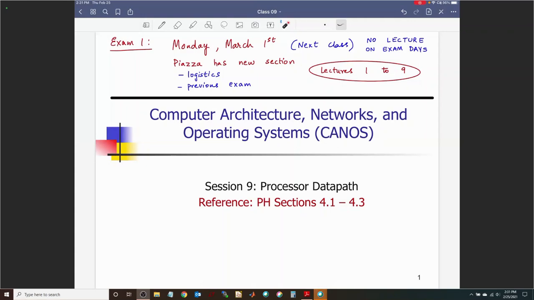We are going to need to incorporate load word and store word instructions that are with respect to the memory. So all those components that we are going to have to manage in our data path in order for instructions to get completed, that's what we are going to be focusing on. If there is an instruction, for example, add, what all does it take in terms of hardware for it to get completed?